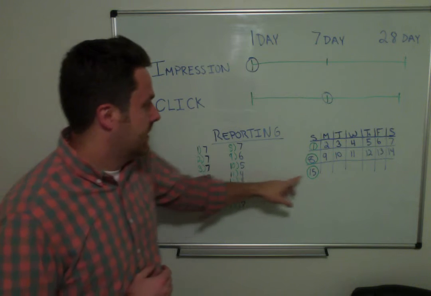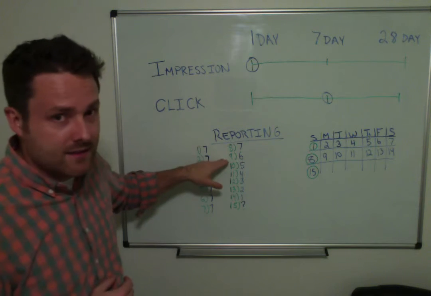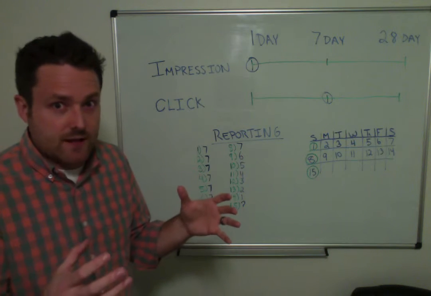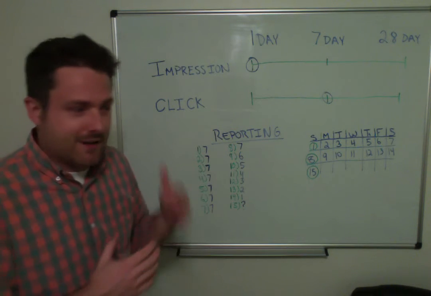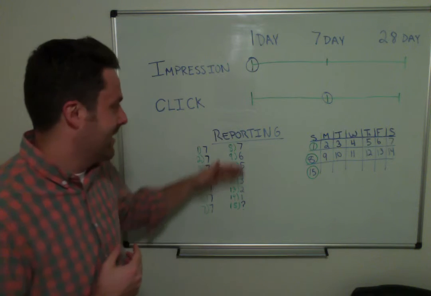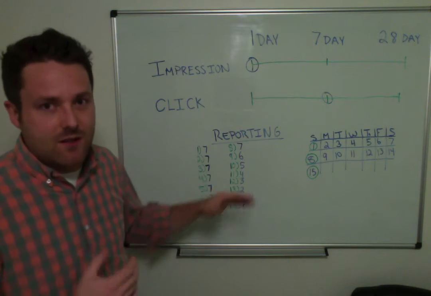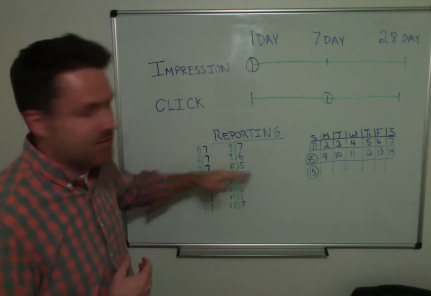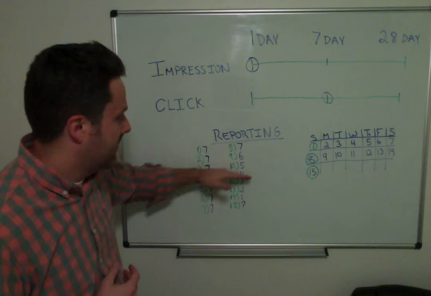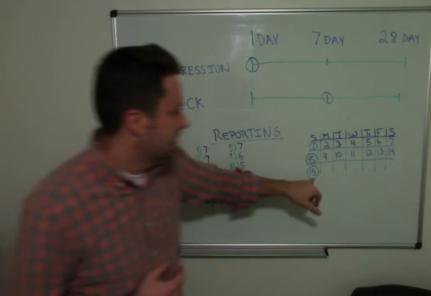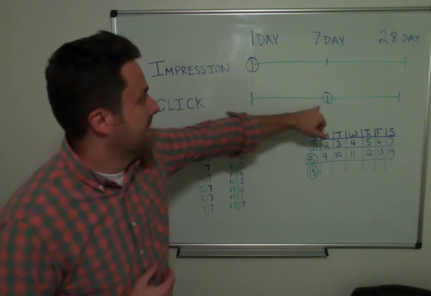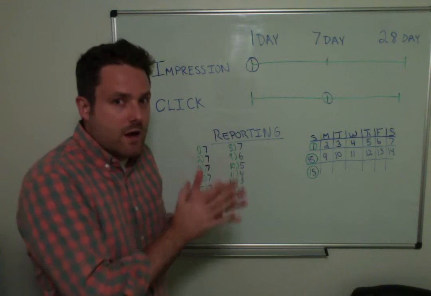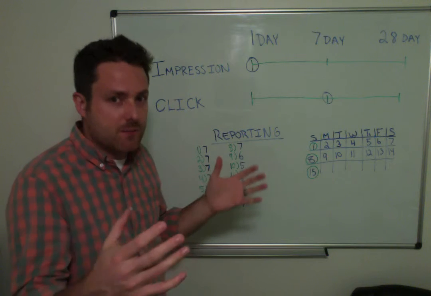Then on the 9th, it's not fully baked. It only has 6 days worth of data. Using that backtracking math, you only have 6 days of the $7 million worth of revenue. Likewise, on the 10th, you only have 5 days worth of revenue, and so on and so forth: 5, 4, 3, 2, 1. So on the 14th, which is just 1 day ago, based on a 7 day click look back window, you really only have 1/7 of the look back window.